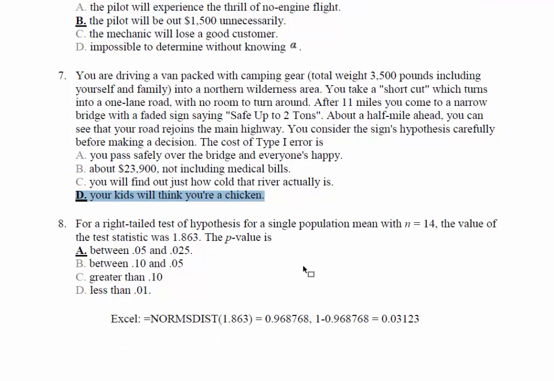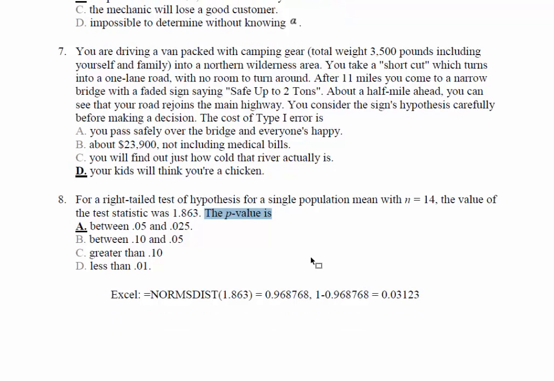Next one. For a right-tailed test of hypothesis for a single population mean with n equals 14, the value of the test statistic was 1.863. The p-value is what? Basically, you can review your textbook, in chapter 9, and you'll find that you can use Excel to do this.